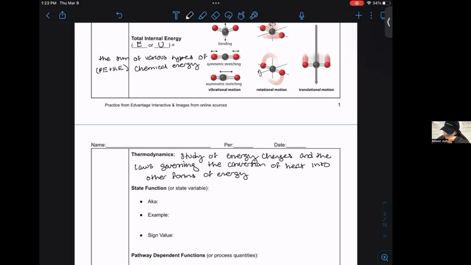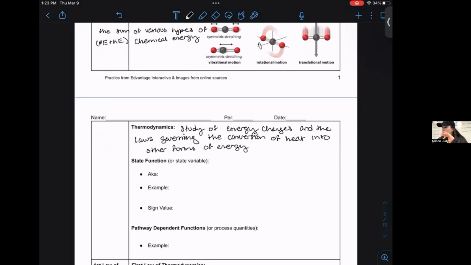Just a little terminology for you: we're going to look at several different characteristics or properties under thermodynamics. And so we call a state function any property that only depends on the final versus initial state.